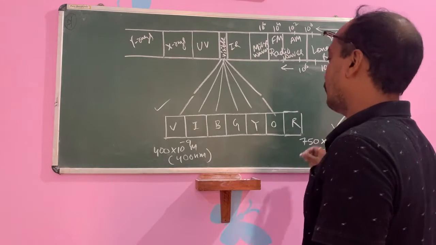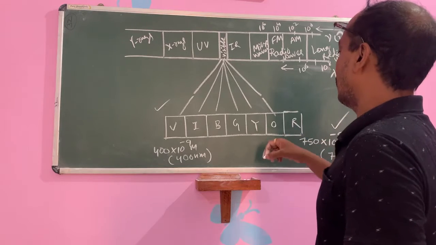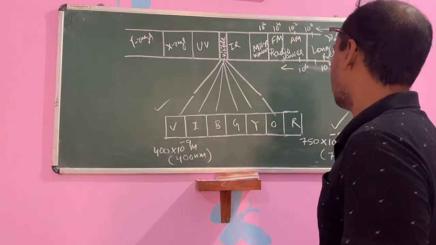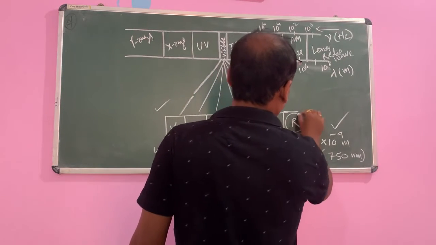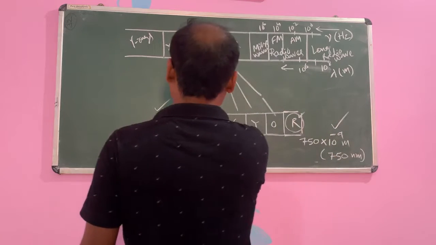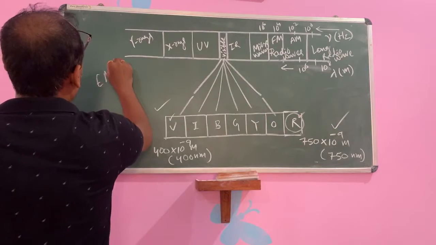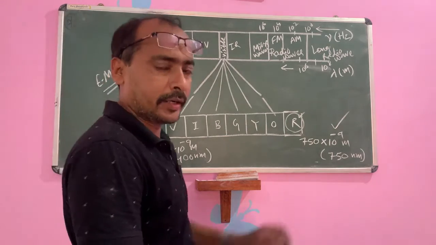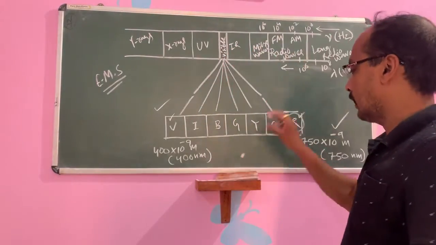Sorry, wavelength increasing in the other direction, and this is decreasing. Red has a larger wavelength, violet has a smaller wavelength. This is known as the electromagnetic spectrum of electromagnetic radiation.